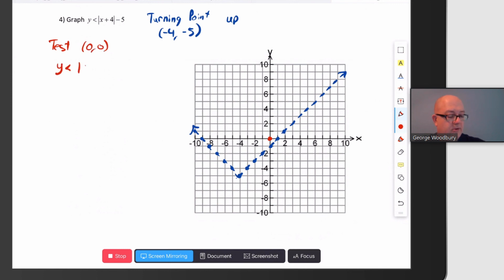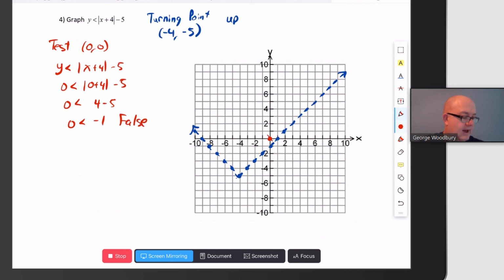I'm working with y is less than the absolute value of (x plus 4) minus 5. Is 0 less than the absolute value of (0 plus 4) minus 5, which is 4 minus 5 or -1? This is false. That is not a solution. And all the solutions are going to be on the other side of the graph.